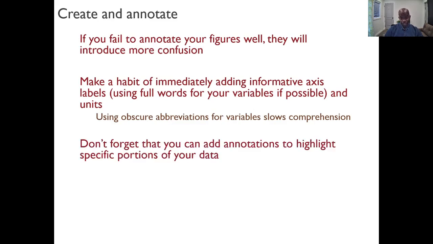You can also add text to your figures, and arrows and boxes, again, to highlight specific portions of your data. Okay, so be creative, exert full control over your illustrations. So these are just some functions that would be relevant in MATLAB to add annotations to your figure.